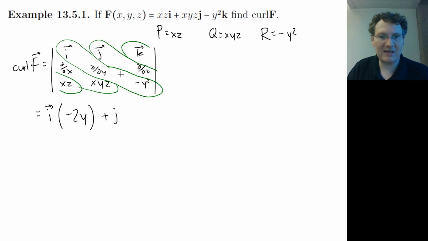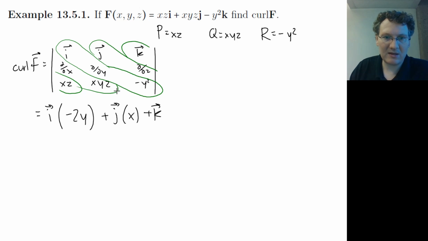Plus j times the partial of xz with respect to z, so that's going to be x, and then plus k times the partial of xyz with respect to x, that's going to be yz.